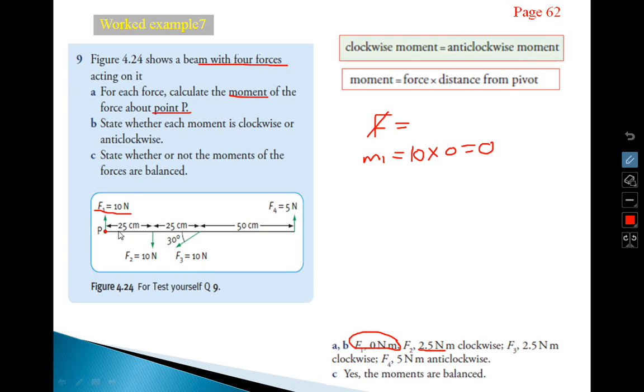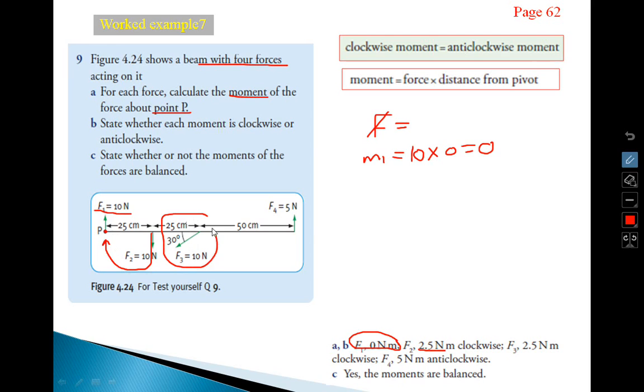And because the distance, say this is the force and this is the distance, always move where? To the center. Move to the center to determine which one is clockwise and which one is anti-clockwise. Keep moving the force towards the center or the pivot. So this one is clockwise, this one is 0.